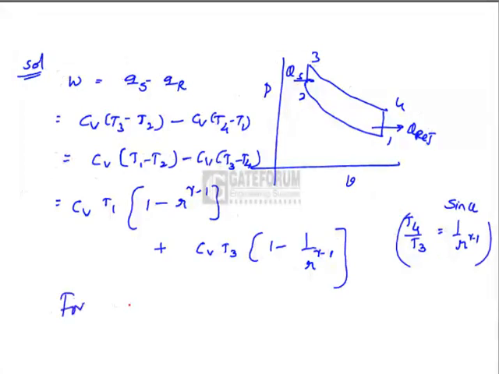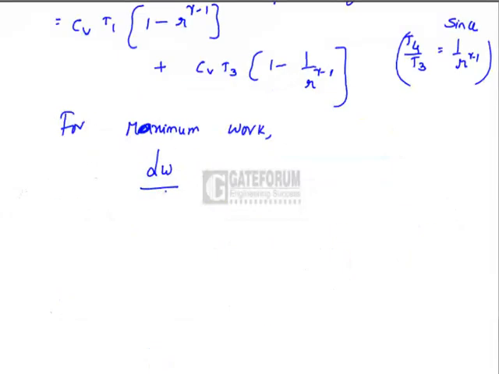For maximum work, because work is now a function of compression ratio for a given T1 and T3, we differentiate the work function with respect to r, where r is the compression ratio, and equate it to 0.